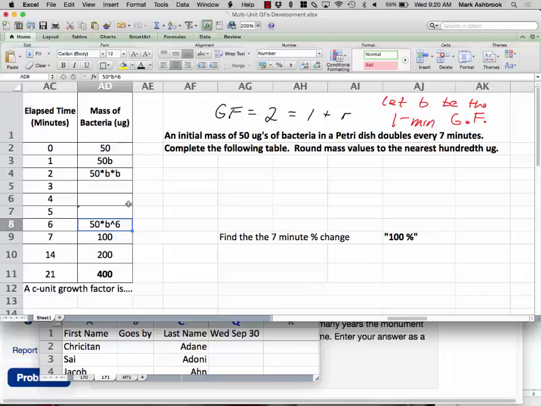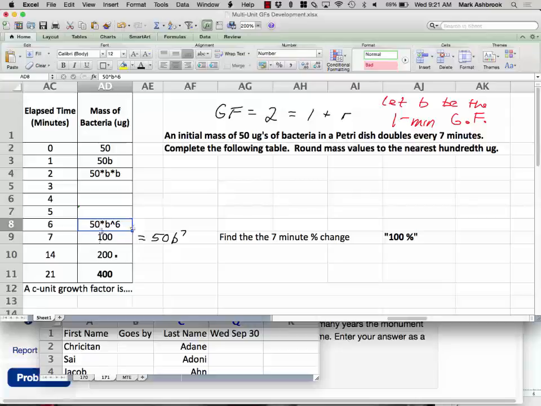What about for 7? We got 50B to the 6th is how much we have after 6 minutes, so what about after 7 minutes? 50B to the 7th. But we know what our mass is. So 50B to the 7th is equal to what? 100. 50B to the 7th we know should be 100 micrograms.